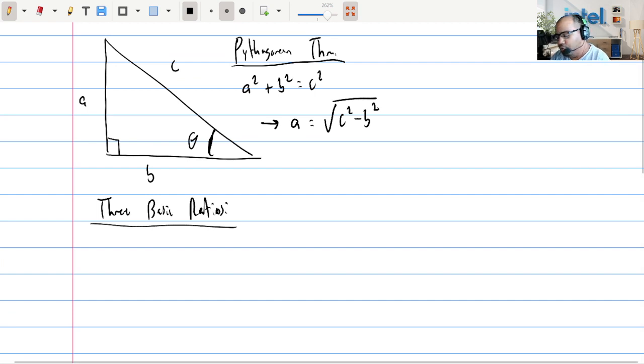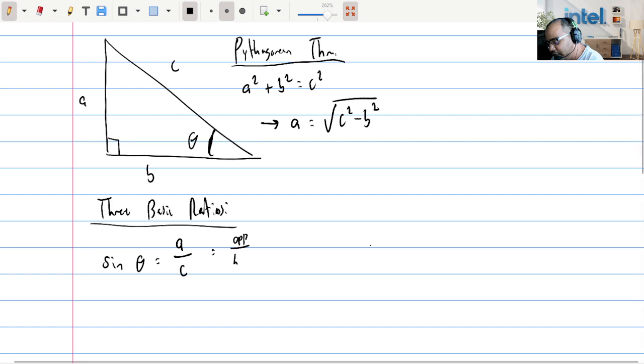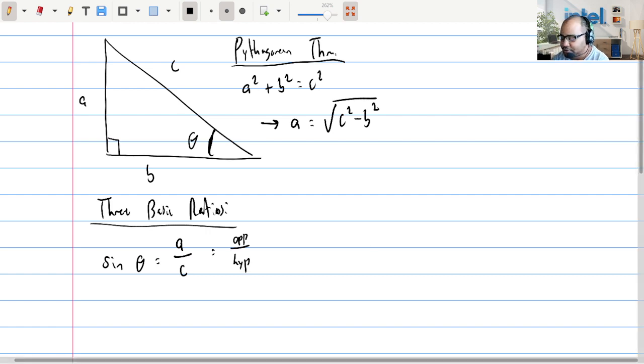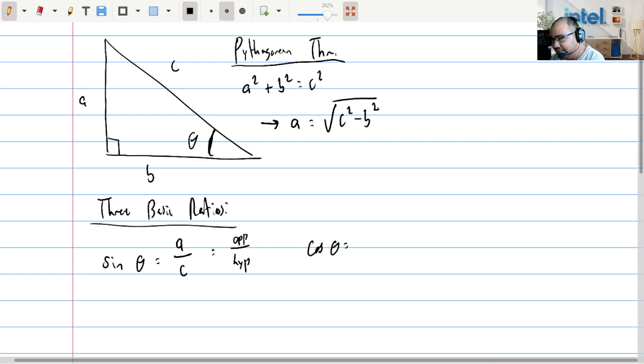We first have the sine of theta, which is defined as the ratio of the length of the side opposite to the angle, in this case A, to the length of the hypotenuse, C. So sine is opposite over hypotenuse. You might remember that from high school trig. The cosine of theta is adjacent over hypotenuse.